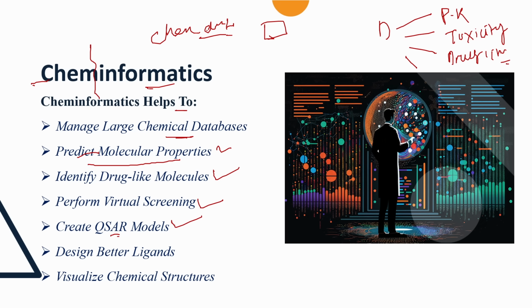The term may sound hard, but QSAR is nothing but a change in position, a change in substitution. Then design a better ligand molecule, and visualize the chemical structure in 2D or 3D format. So these are the things involved in chemoinformatics.